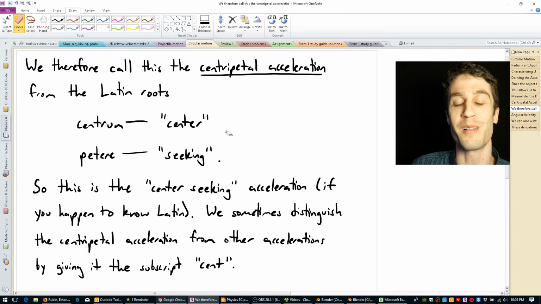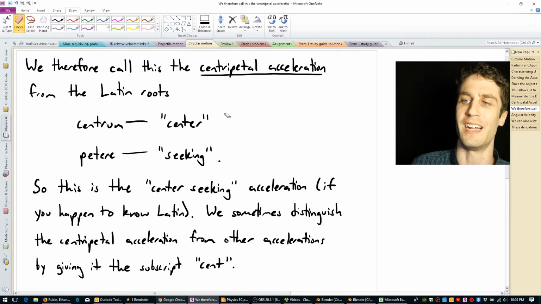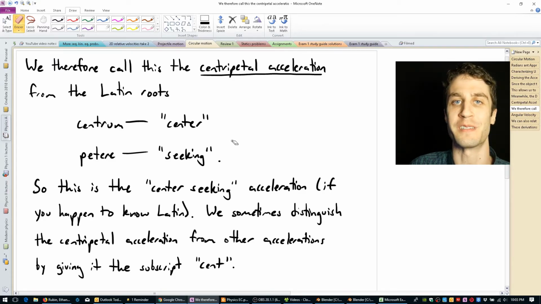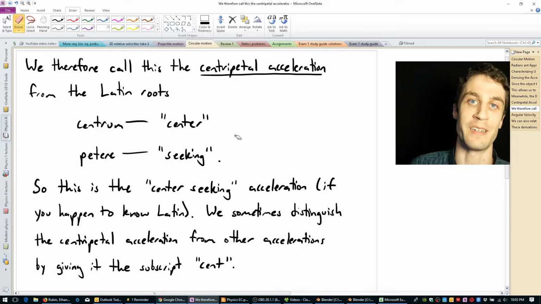And so they wrote all of their papers in Latin to make them seem a little bit more important. That died out sometime around the 19th century when they said, hey, wait a second, I think we're doing better than the Romans ever did. So that's why all of this stuff is based on Latin roots, and why you need to learn Latin or sometimes even Greek in order to do a little bit of basic physics.